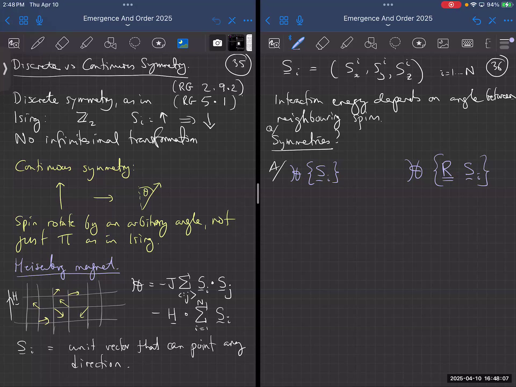The interaction energy just depends on the angle between the spins. If I rotate all the spins by the same amount, the angle between nearest neighbor spins doesn't change. And so the energy will be unchanged. So this is a symmetry.